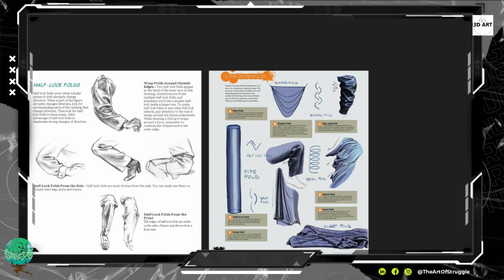And that's happening here as well. It happens in different parts. She's wearing a skirt, but right in the stomach area, because she's bending over or she's hunched over, you're gonna get the tension from the back of the spine and the pelvis, and then the stomach will crunch and generate that half lock fold. All right.